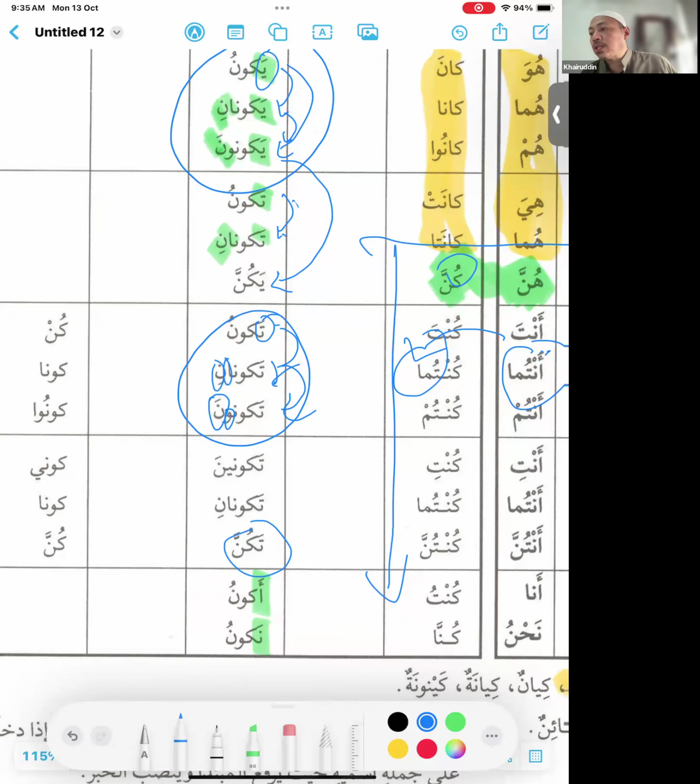Okay, takununa, takunani, takununa, and then for anti, takunina. Okay, takunina, and then you build on takunina, takunani, and then you say takunna. So this progression, as you move from yakununa to yakunna, so likewise to morph from a male jama' to a female jama', you say takunna.